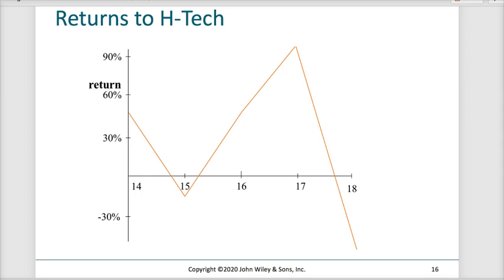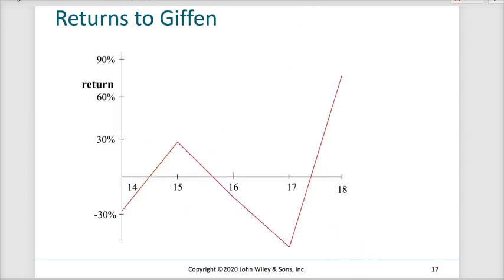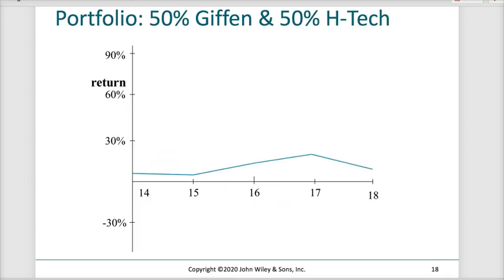Now let's take an example of a couple different stocks. Let's look at the stock H-Tech, and this would be the return of H-Tech, pretty volatile. Then if we look at Giffen, this is the return on Giffen. If we build a portfolio of equal parts of Giffen and H-Tech, that smooths out the expected return, because adding those two companies together, you're really diversifying the highs and lows of their returns and losses.